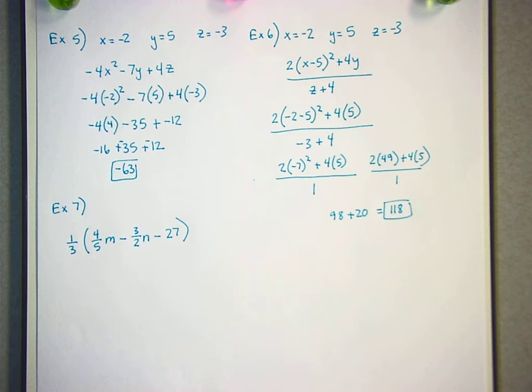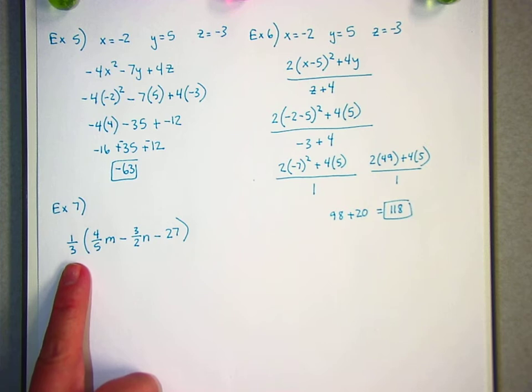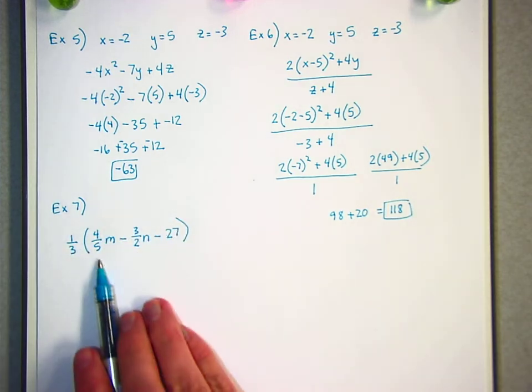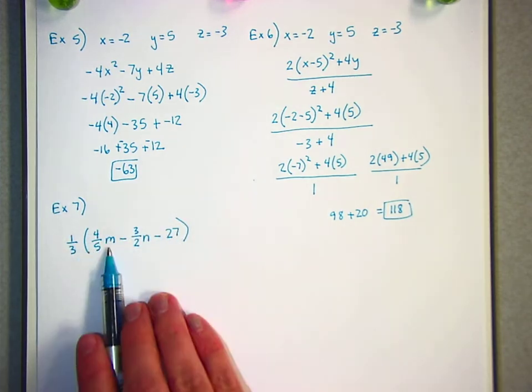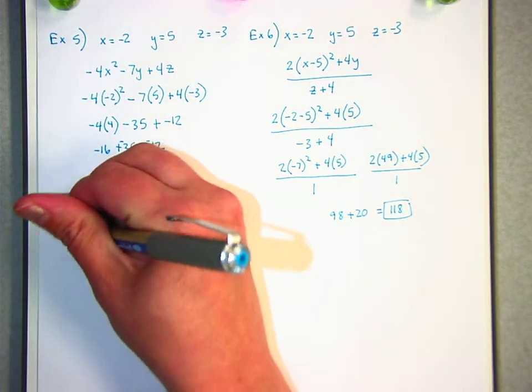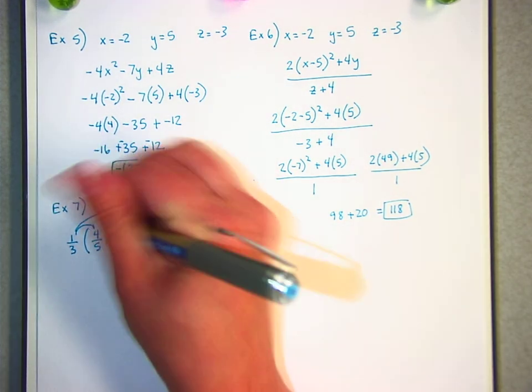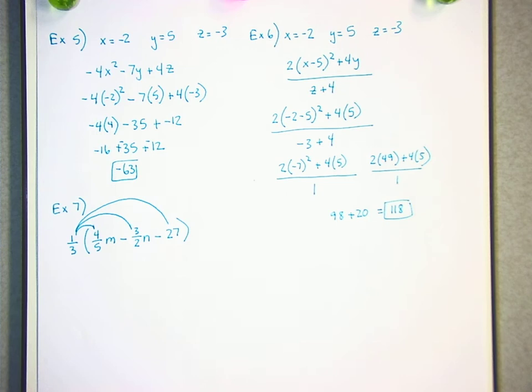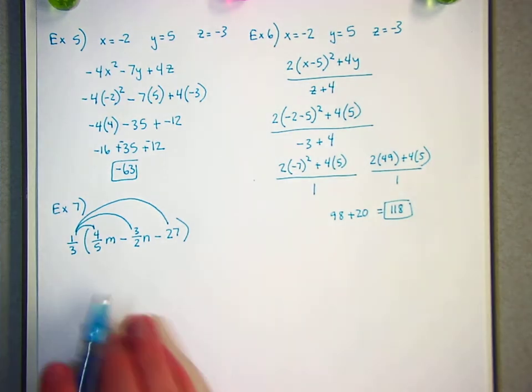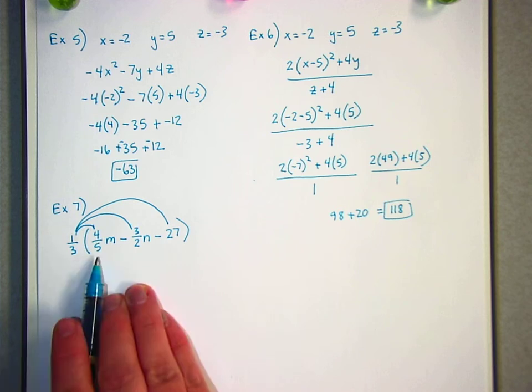So, when you're distributing, the first thing you have to do is multiply the coefficient, which is the number in front of the variable. You're going to multiply this times this, times this, and this times this. If you don't remember how to multiply fractions, you just multiply the tops and the bottoms and then simplify.